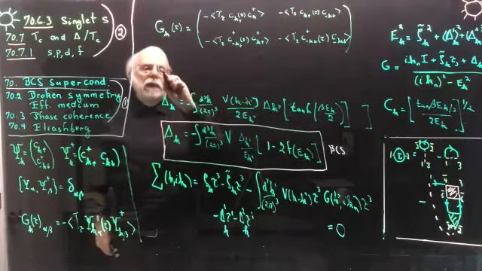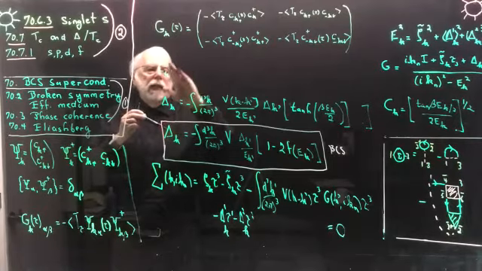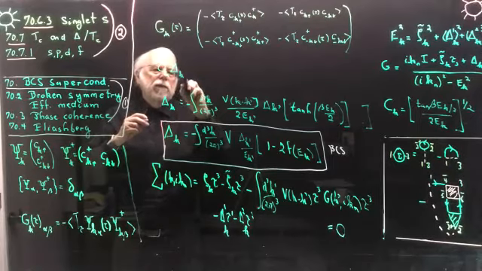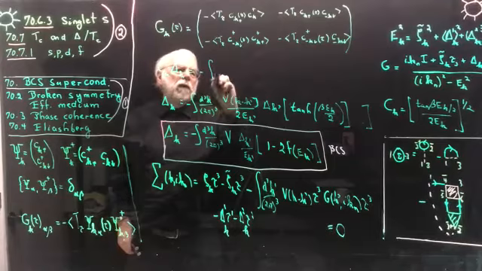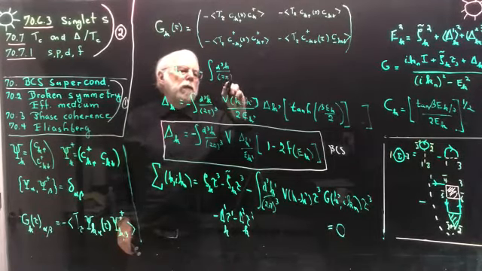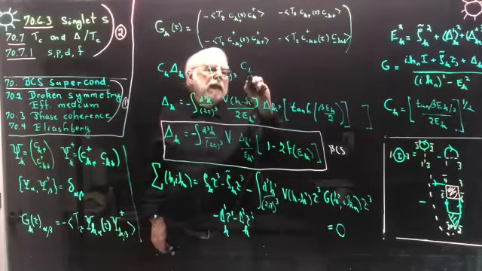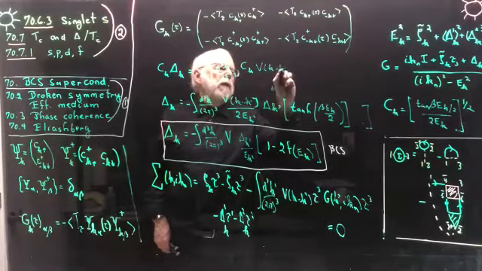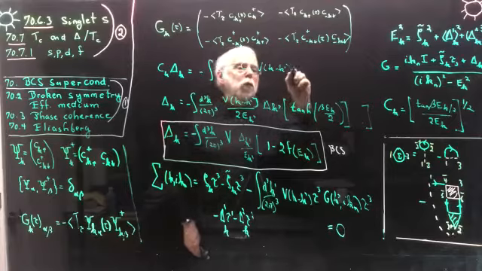So if I now write CK times delta K, I just multiplied by CK. Then I have minus the integral d cubed K prime over 2 pi cubed, times CK V of K minus K prime. And this object here I can write as CK prime squared.